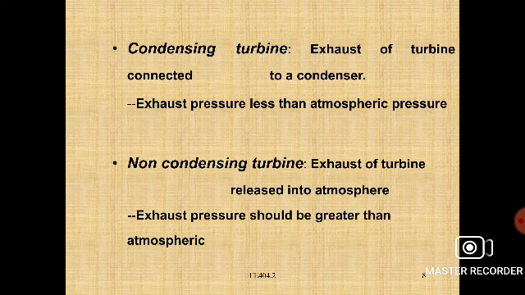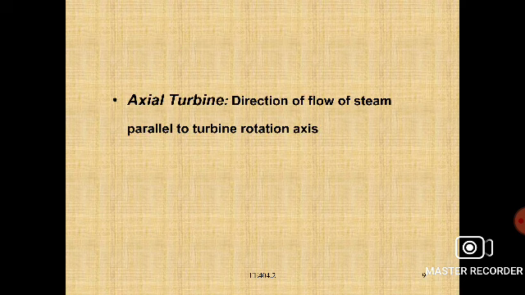Condensing turbine: the exhaust of the turbine is connected to a condenser, and the exhaust pressure is less than atmospheric. Non-condensing turbine: the exhaust of the turbine is released into the atmosphere, so the exhaust pressure is greater than atmospheric.